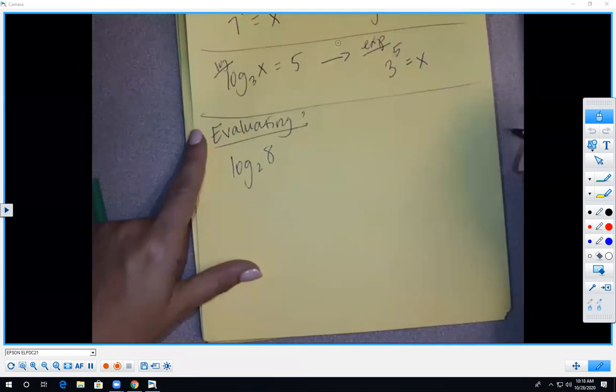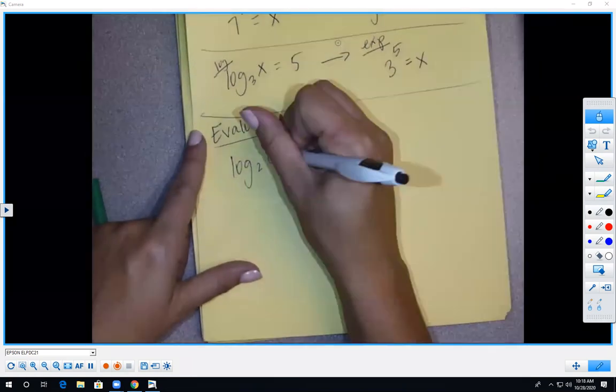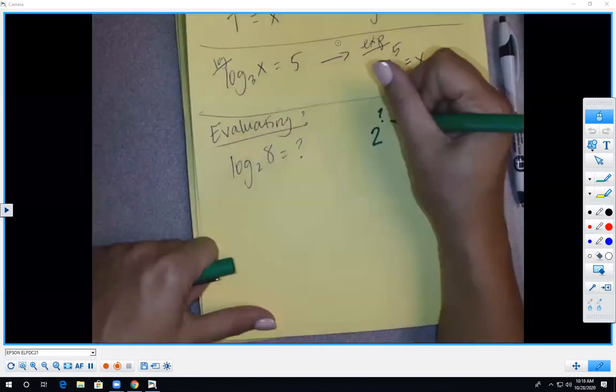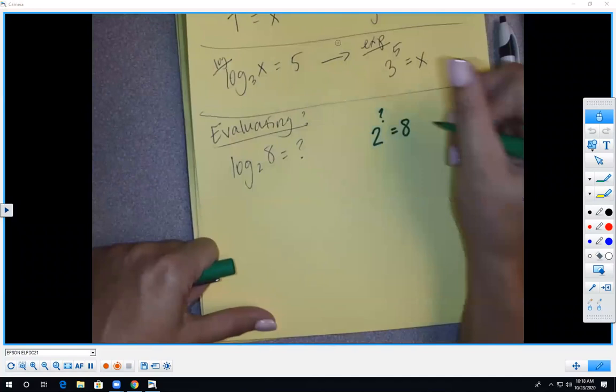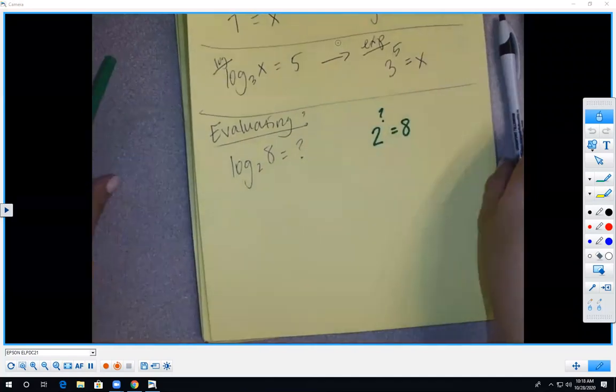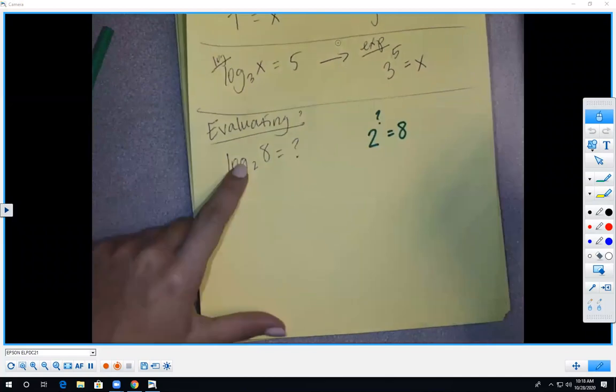So we're trying to figure out what this equals. It says 2 to what power equals 8. Well, that's pretty easy. 2 to the 3rd power. So my answer for that is 3.